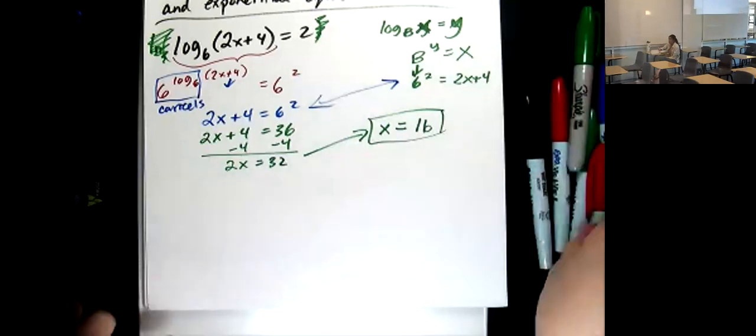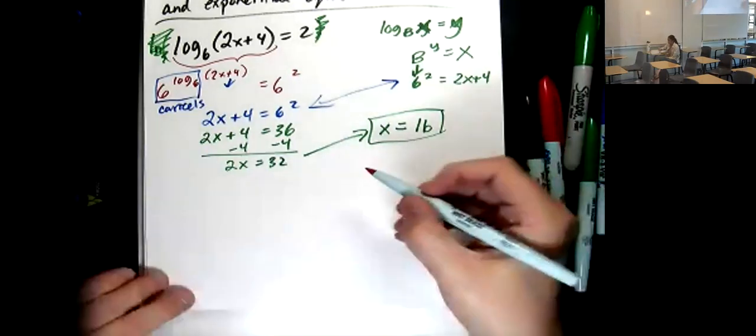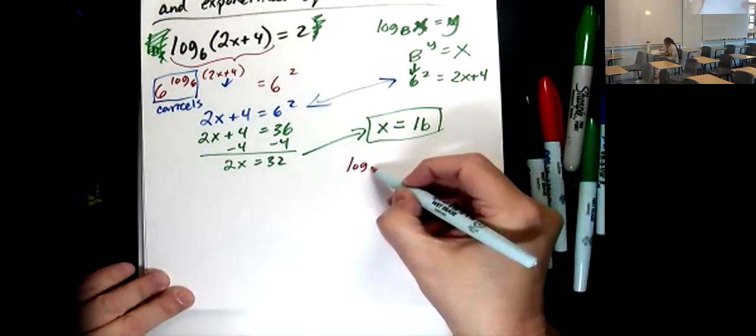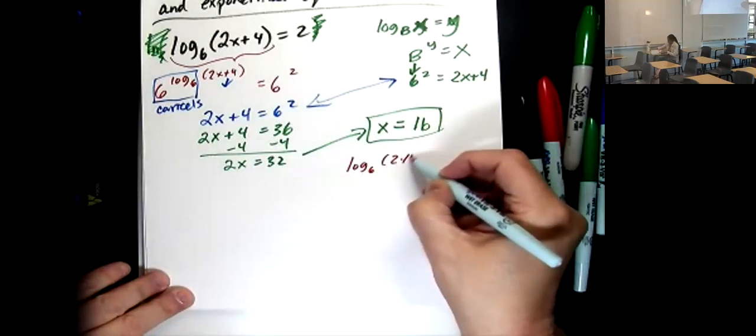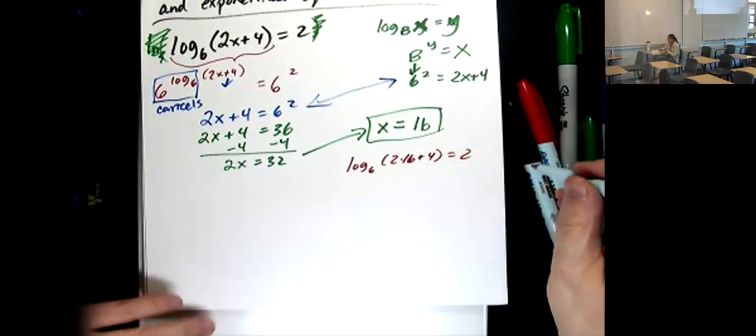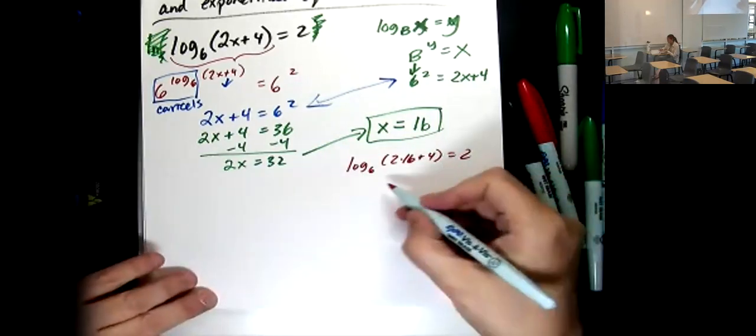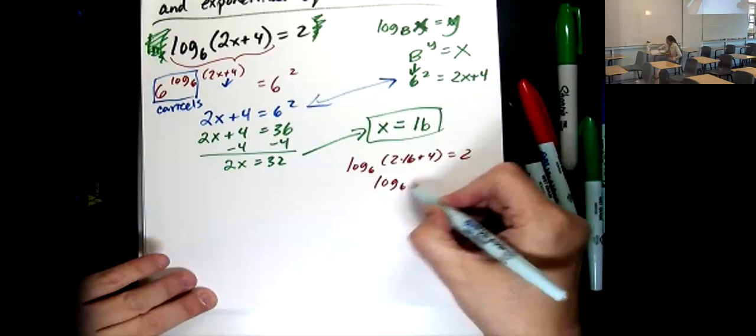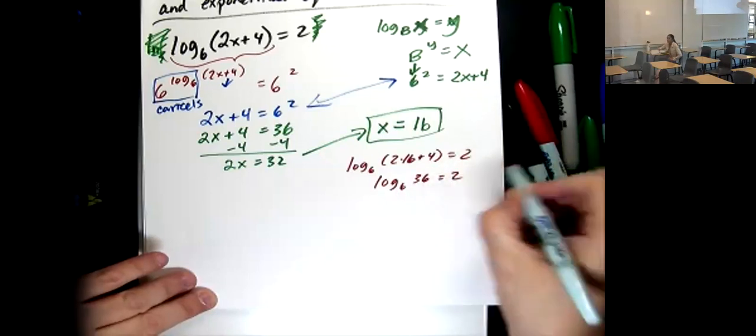You can always check it. Does log 6 of 2 times 16 plus 4 equal 2? This will get us log 6 of 36 equals 2.